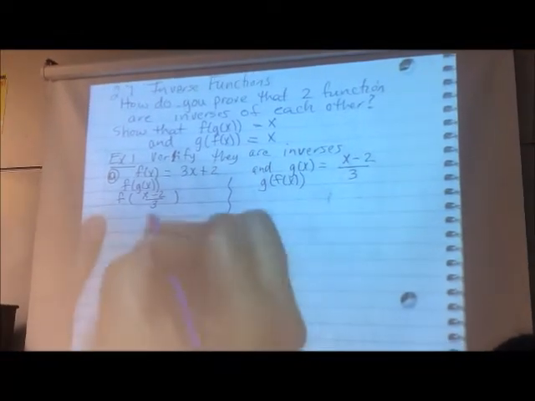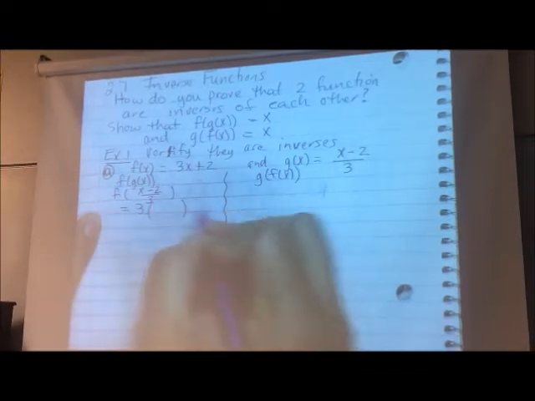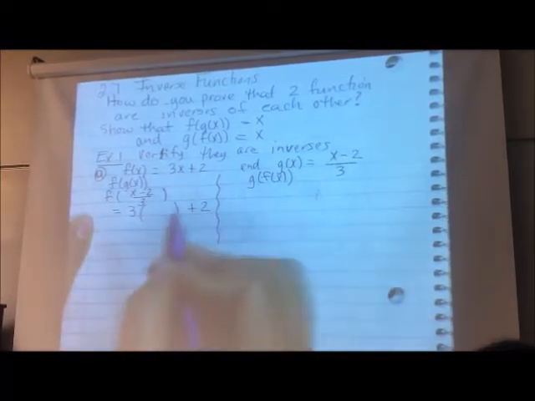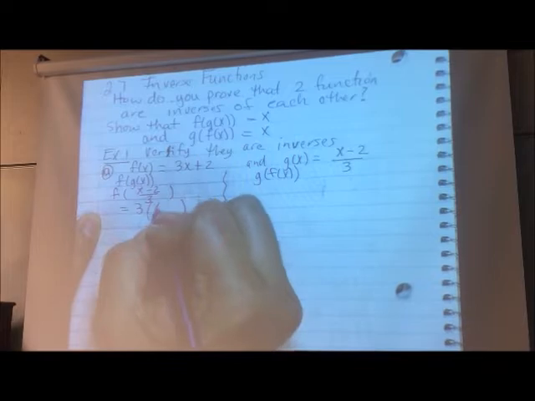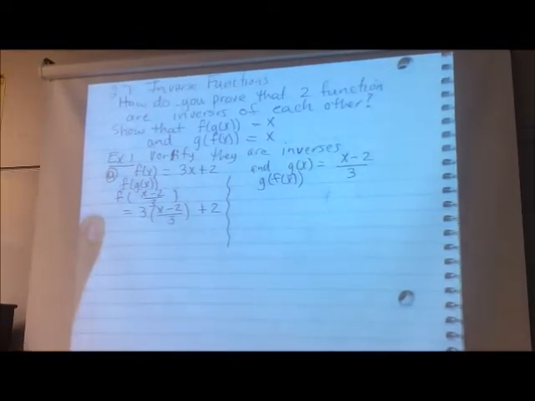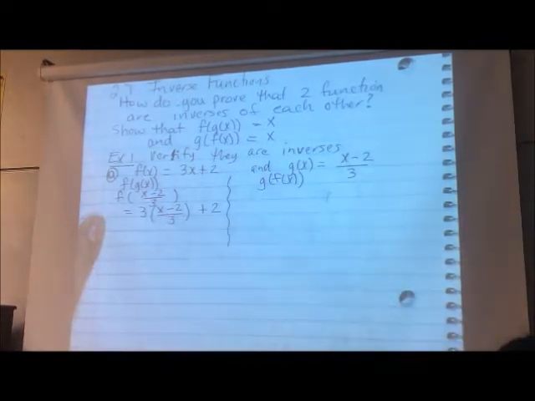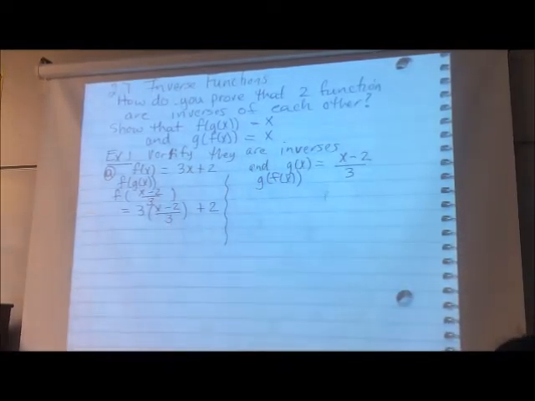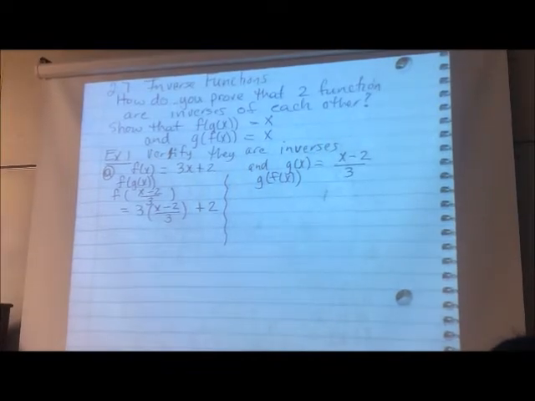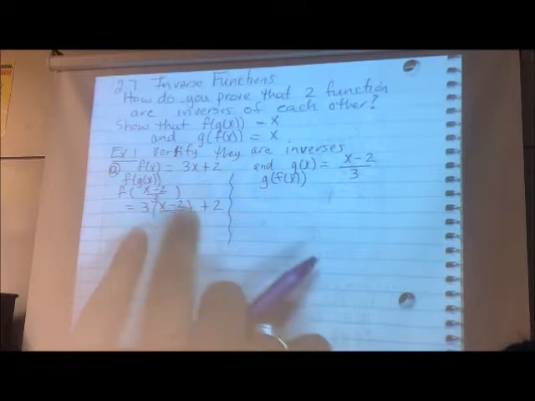So function f is 3x plus 2. But what do I plug in here? x minus 2 divided by 3. It's like if I had the number 4, then you would plug in a 4 for every x in there. But in this case, we're going to be plugging in equations. Questions right there?